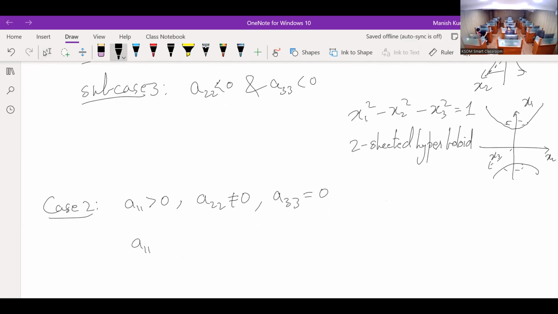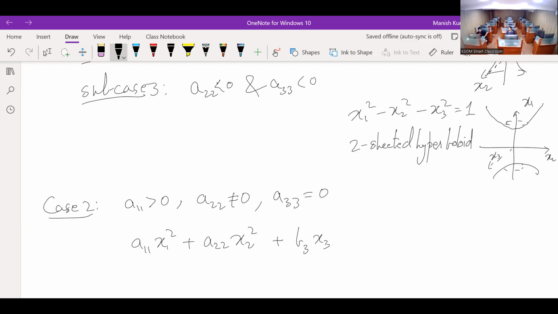So it becomes A11 x1 square plus A22 x2 square. The linear terms for x1 and x2 can be absorbed in this, but the linear term for x3 you can't absorb. So let's write it here: b3 x3, and if b3 is 0, then it becomes a degenerate conic.